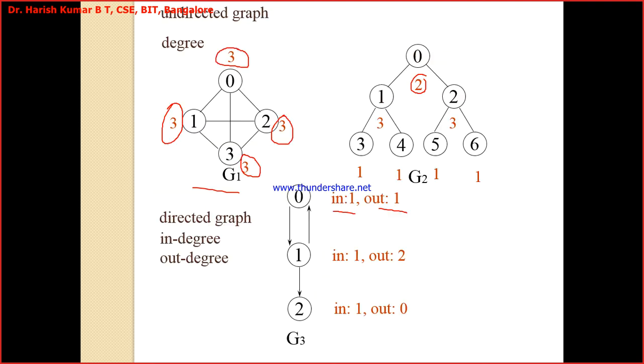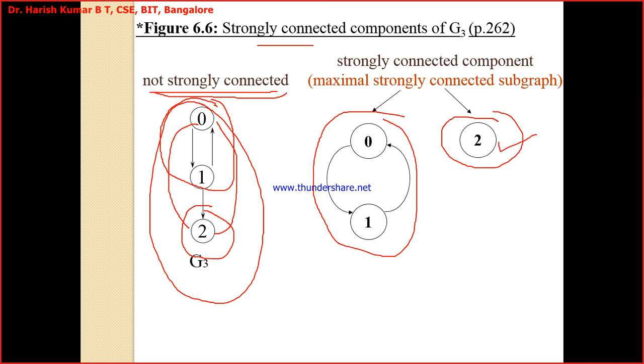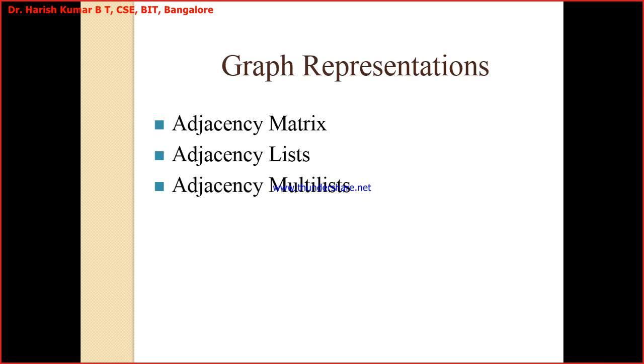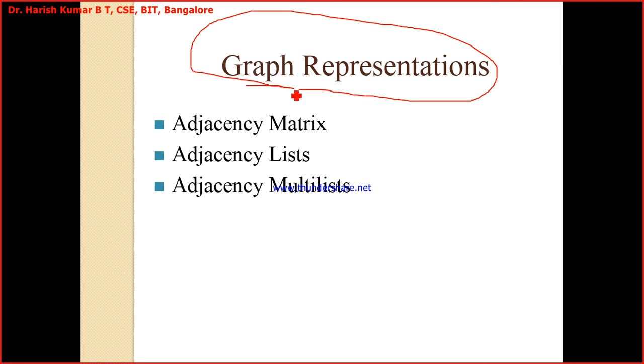So till now you have understood graphs and various terminologies. The next thing we are going to discuss is how graphs are represented. Graphs can be represented in the form of an adjacency matrix, an adjacency list, and also multi-lists.